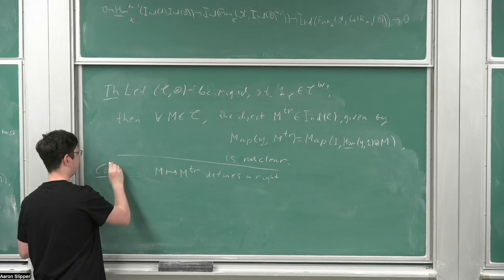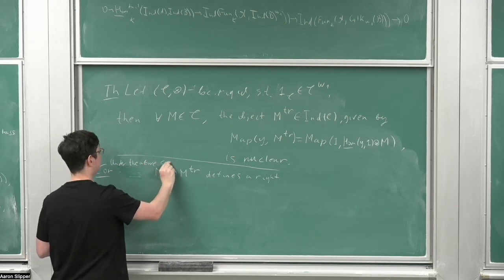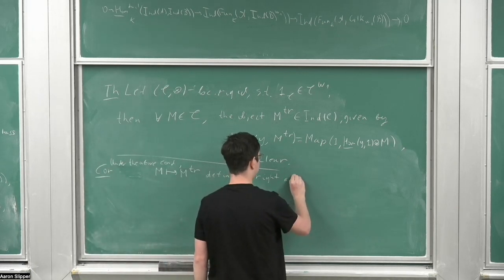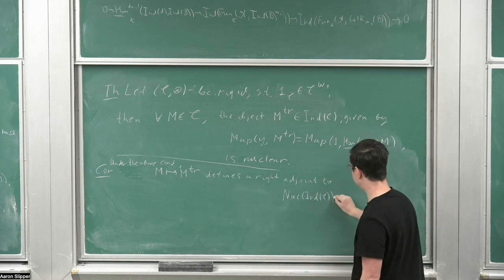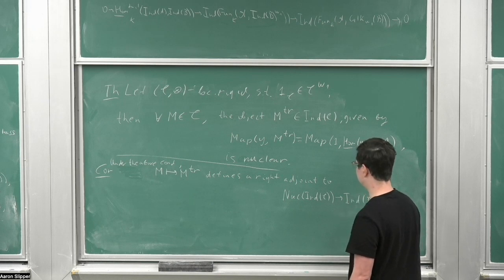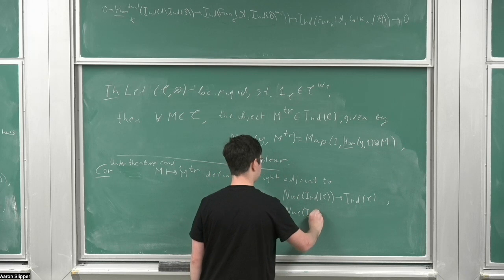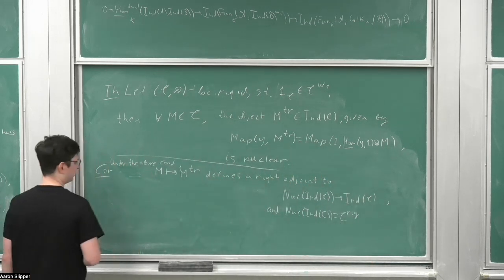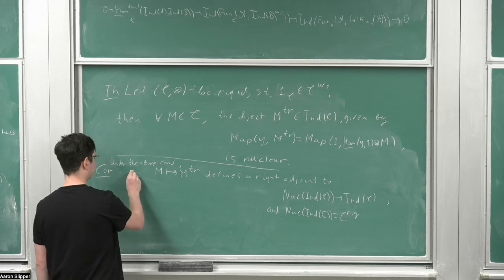That under the above conditions, the functor going from M to M trace defines a right adjoint to the inclusion of nuclear objects in Ind of C to Ind of C. And Nuc of Ind C is exactly the rigidification of C. So in particular, yeah, so that is the first statement.